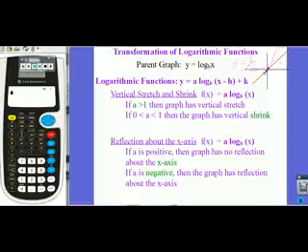When you reflect over y equals x, your domain and range change places. So this reflected function would look something like that, where now I have a vertical asymptote. My vertical asymptote would be the equation x equals h.